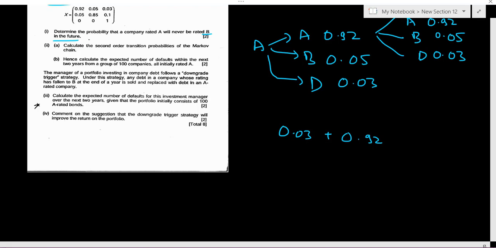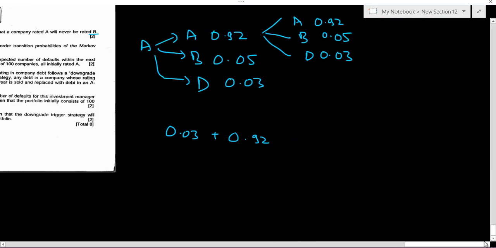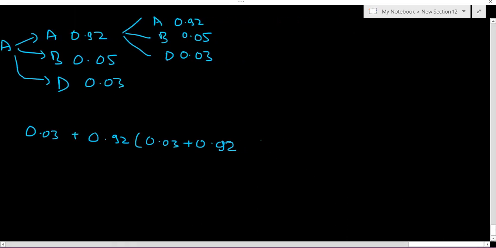Now in the next year, if it stays in D, that is fine. If it comes to A again, then again the same thing can happen. Again it can go to D or it can stay in A, but it should not go to B. So I'm just avoiding those probabilities.